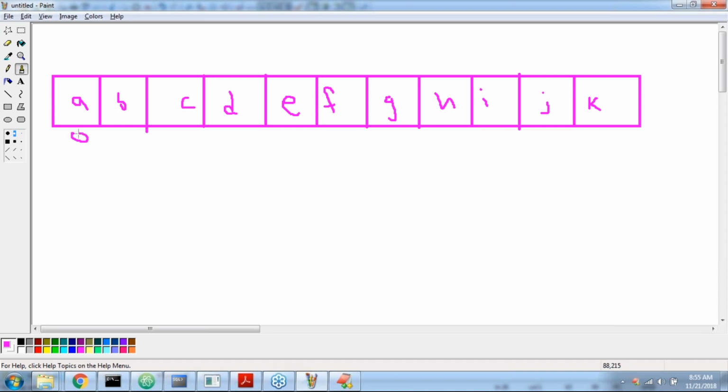Now the positive indexes are 0, 1, 2, 3, 4, 5, 6, 7, 8, 9, 10.